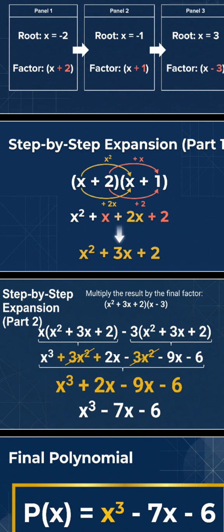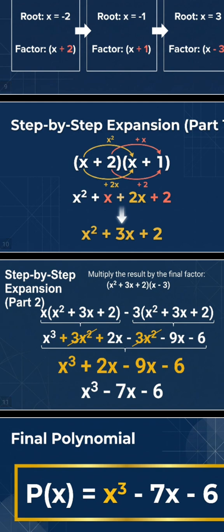We use x minus 3 to open the bracket one after the other. So we have x into x squared plus 3x plus 2, which is the first expansion we got, then minus 3 into x squared plus 3x plus 2. Expanding that gives us, sorry, x cubed plus 3x squared plus 2x minus 3x squared minus 9x minus 6.